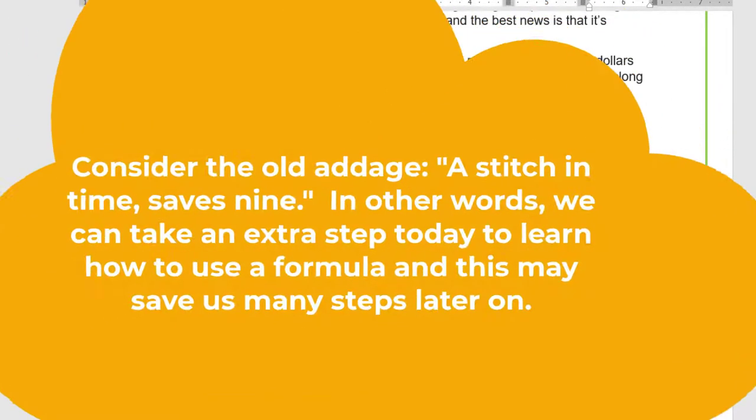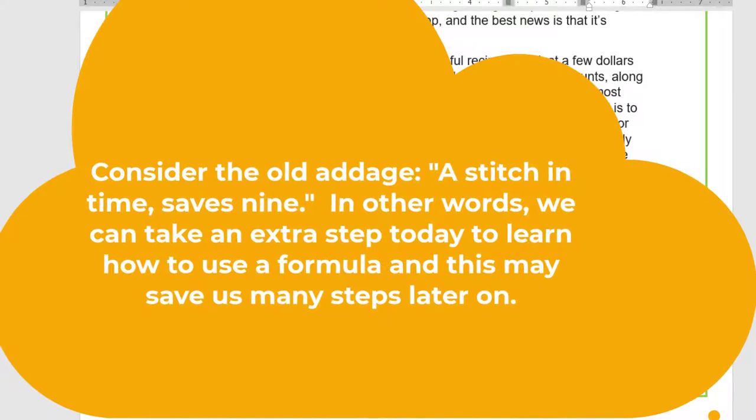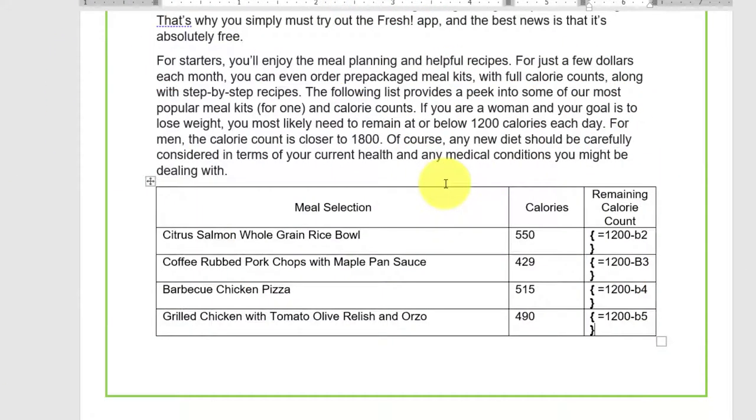It's the maintenance, because that's why we're not just typing in a value right here, is because we want this form to maintain itself. If the calories change, we don't want to have to come back in here and recalculate. We want the computer to do it for us. And that maintenance is what's important here. So maintaining calculations like this in Excel, you're going to find is so much easier. And I would copy and paste it from Excel into Word.